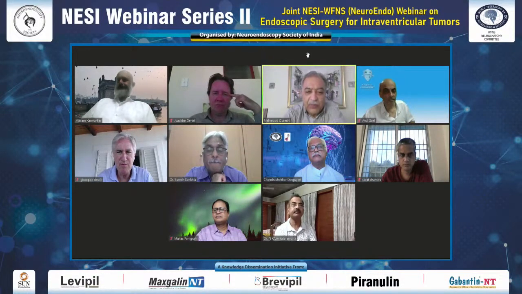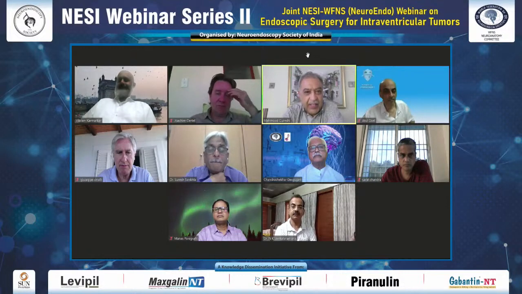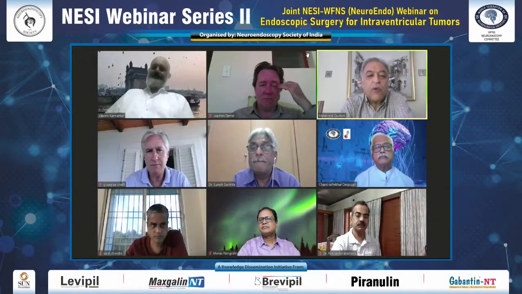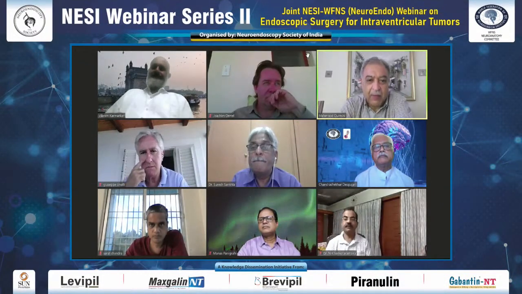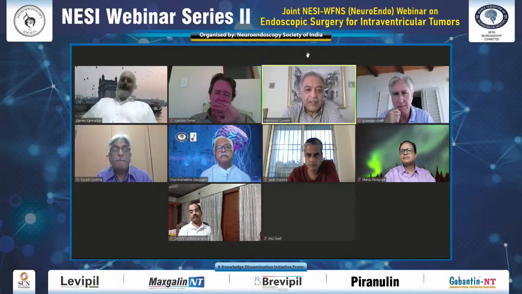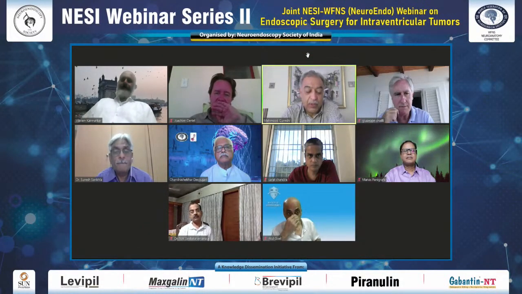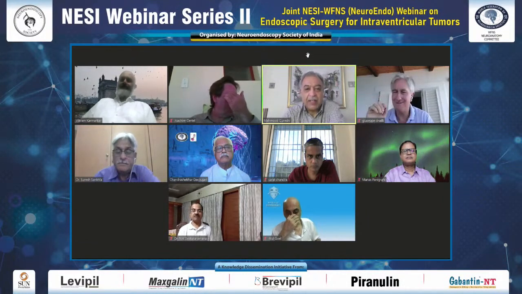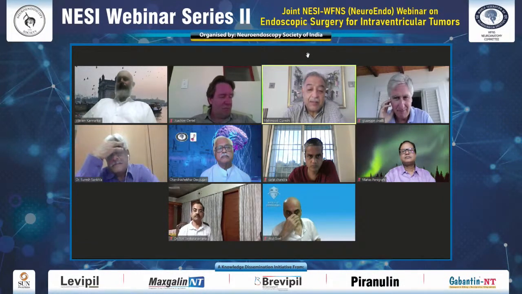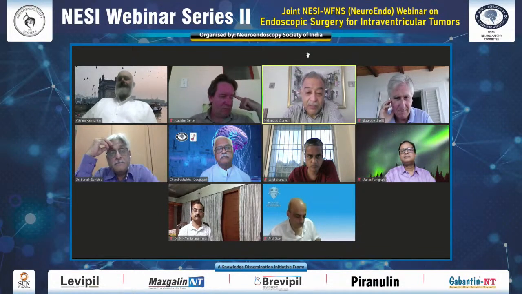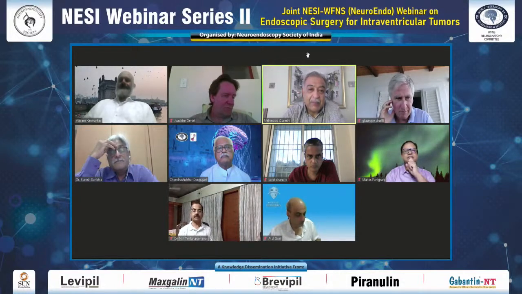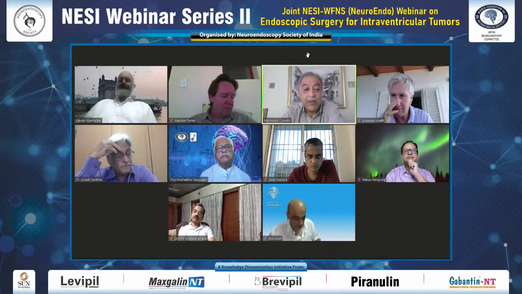May I just ask a little bit of a technical question? ETV has almost become synonymous with the floor of the third ventricle. And I think when we are indicating treatment for hydrocephalus, the world over, everyone seems to obviously concentrate on the tuber cinereum, entry into the third ventricle, look for the basilar, etc. But there are fair instances, and particularly in our countries, where post-infectious hydrocephalus is a problem, and the floor may be thickened and may not be very clear.